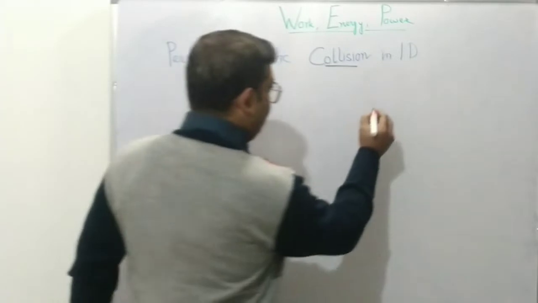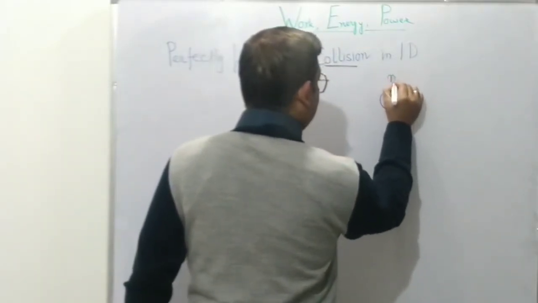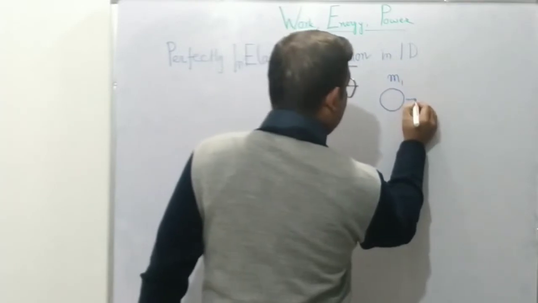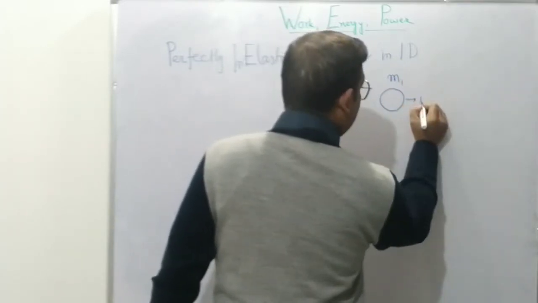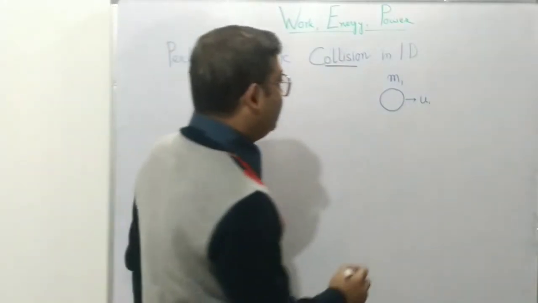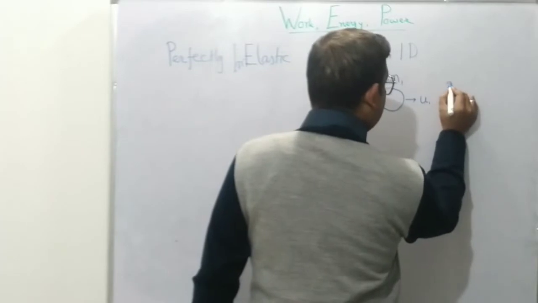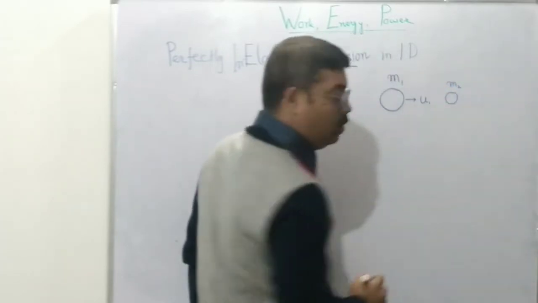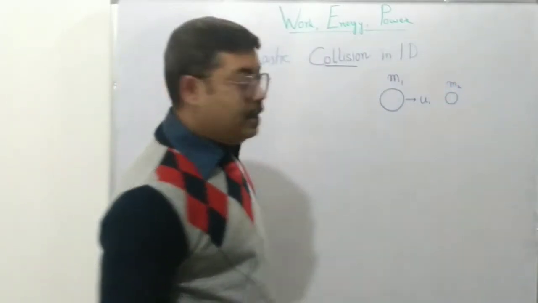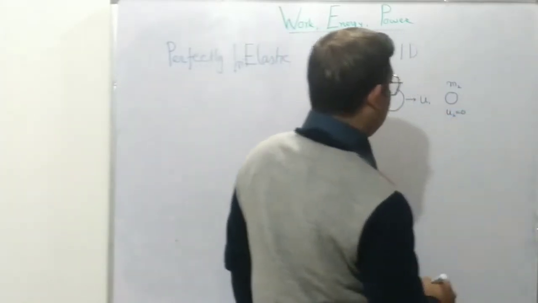So let us say, for simplicity, we have a mass m1 moving along the positive x direction with a velocity u1, and it hits another mass m2 which was initially stationary, that is to say u2 equals 0.